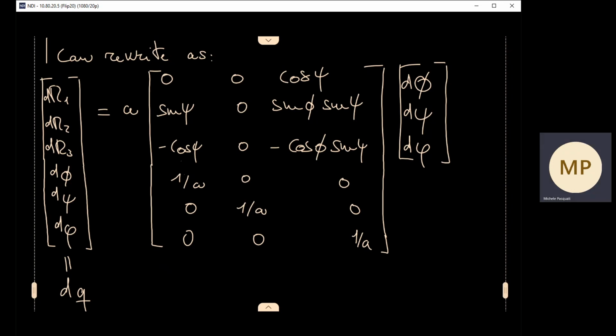So what I can say here is that the condition of imposing rolling without sliding eventually imposed what? That we can only have 3 independent variations out of 6 parameters.